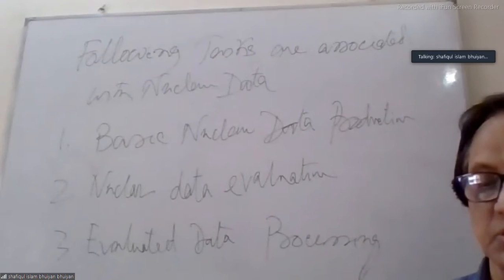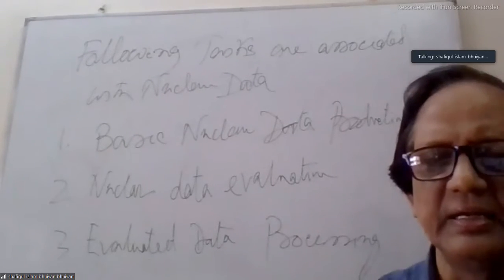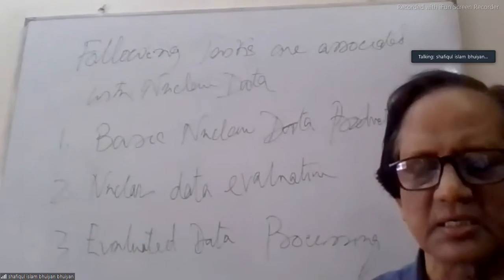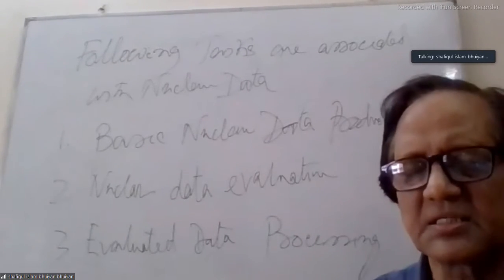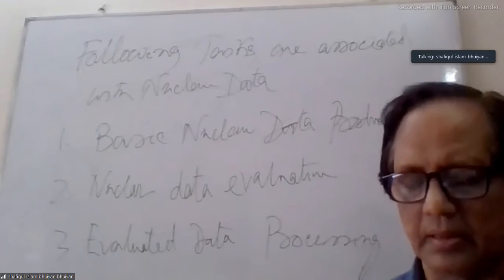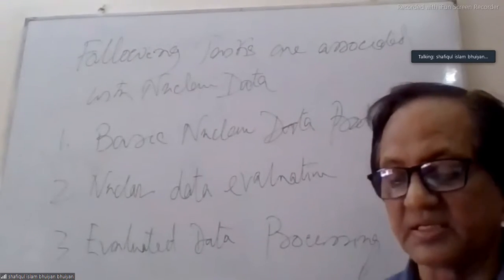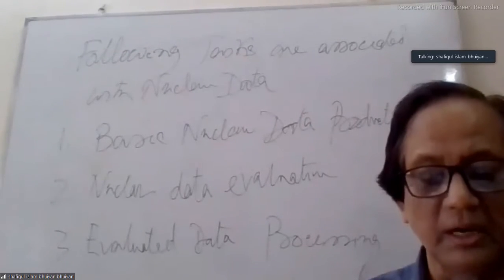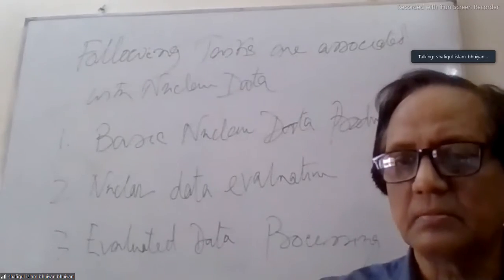I can show you. I'm not going in depth or in details of this. I'm just giving you an introduction and a little idea about the background of this nuclear data. Number one is basic nuclear data production.